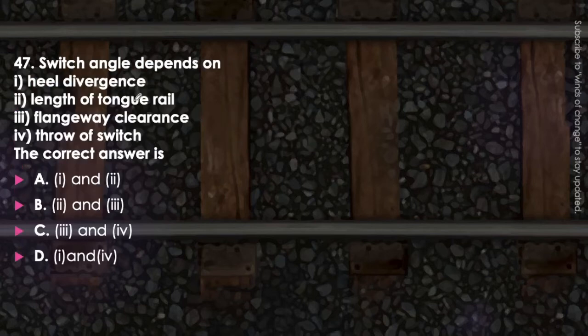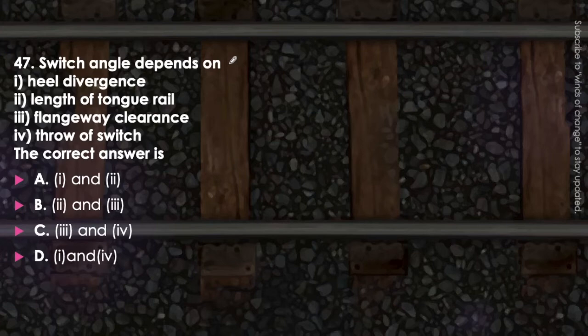Next question. Switch angle depends upon heel divergence, length of the tongue rail, flangeway clearance, or throw of the switch. What will be the correct answer? First and second, second and third, third and fourth, or first and fourth? Just think about it. Can you recall the image of switch in your mind?